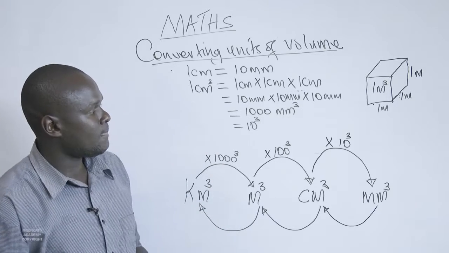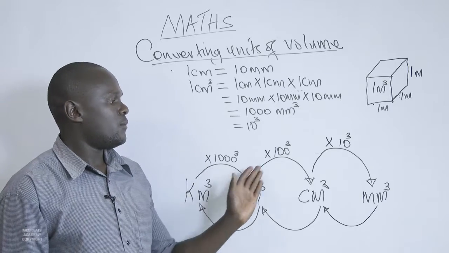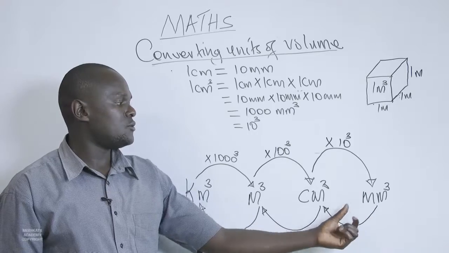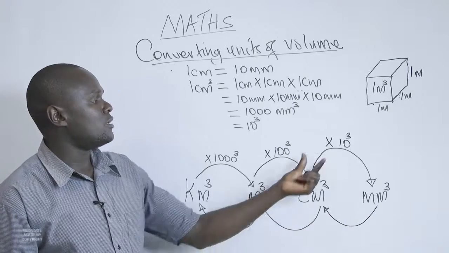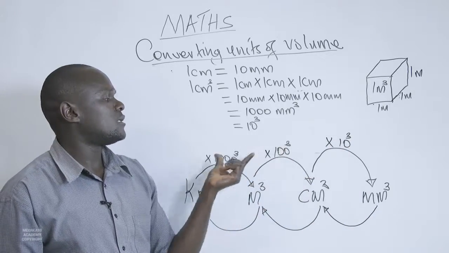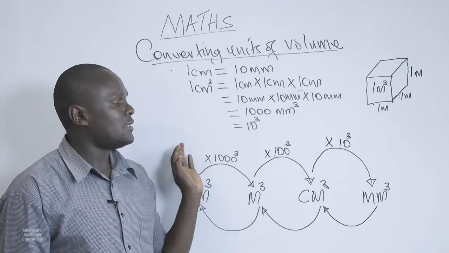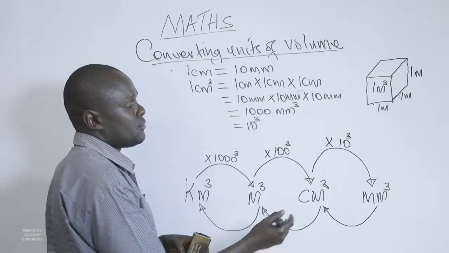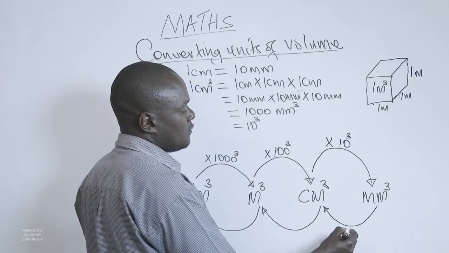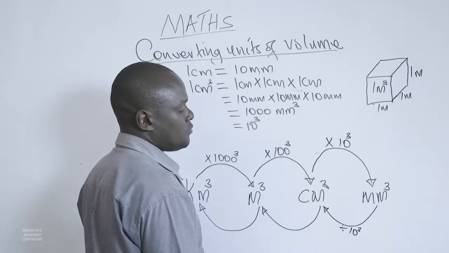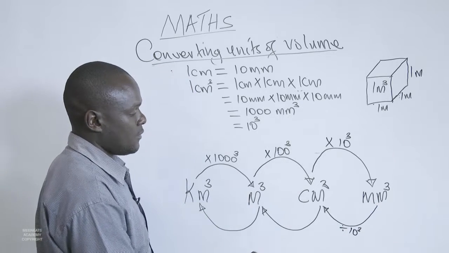You will discover that when we convert from smaller units to larger units, we divide by the same factor that is used when converting from larger ones to smaller ones. So this will be divided by 10 raised to power 3, which is 1000.